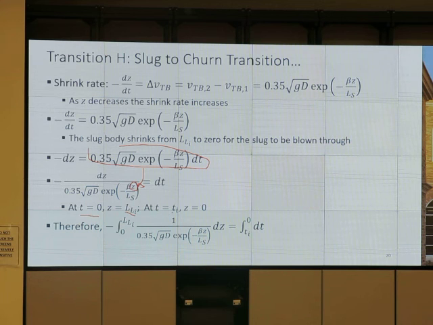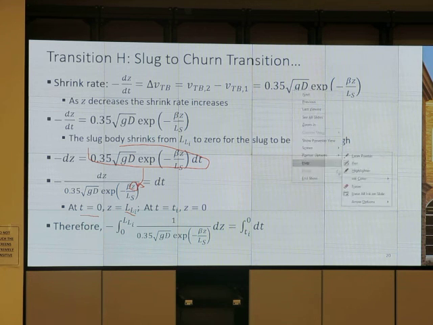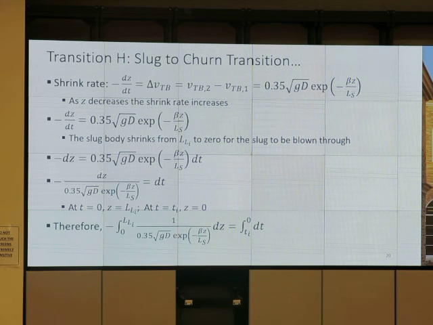At time equal to some time T sub i, the distance between two bubbles is 0, or they reach each other. Time equal to 0 goes with Li, and T sub i goes with Z equal to 0. You can switch, but when you switch both sides, it's the same. See what I'm saying?